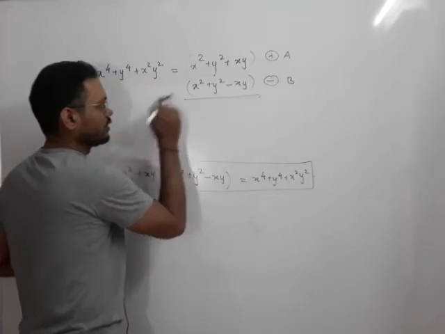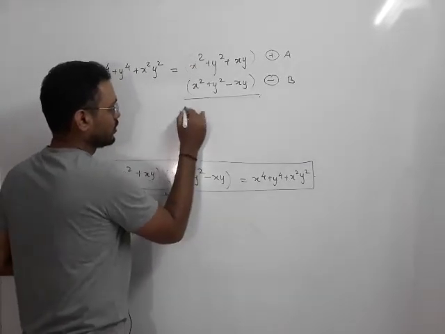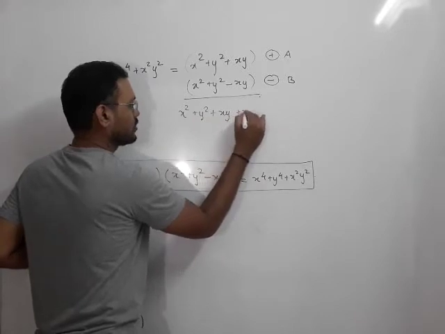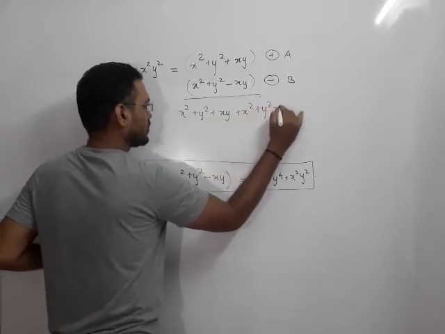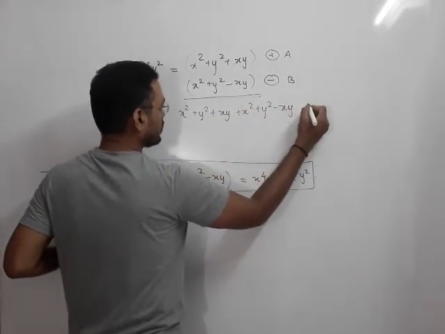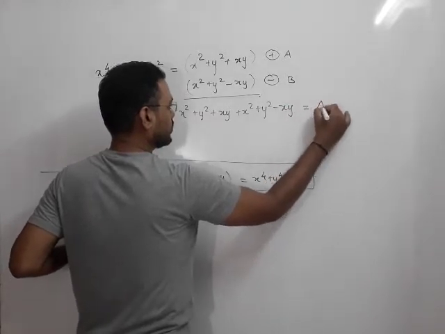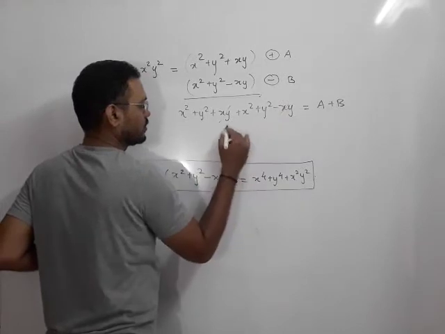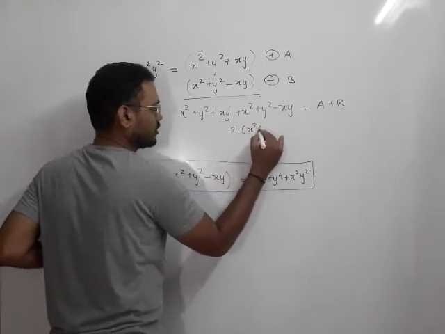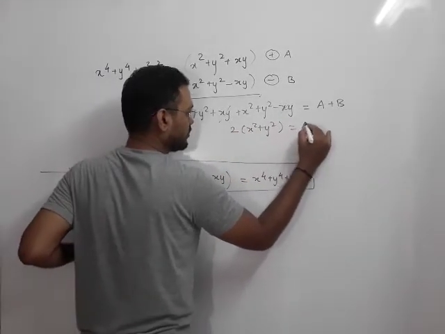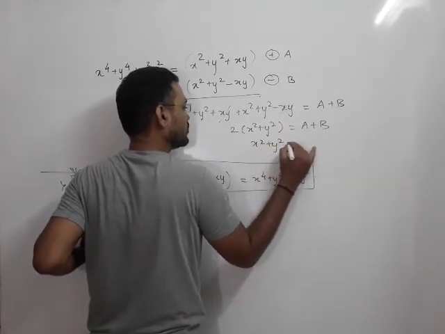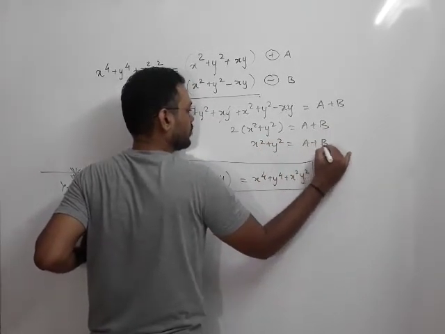I'll again explain. Let me add it. X square plus y square plus xy plus x square plus y square minus xy is equal to A plus B. This is getting cancelled. Twice of x square plus y square is A plus B. Can't I say that x square plus y square is A plus B by 2?